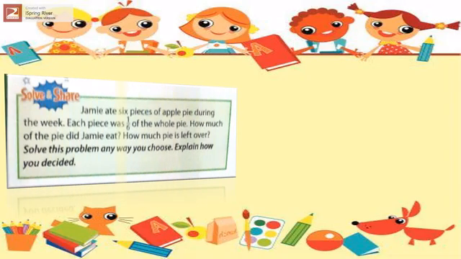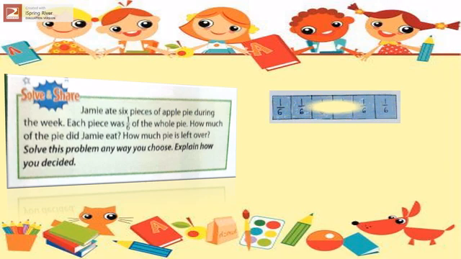Now let's answer the problem. Jamie ate 6 pieces of apple pie, and each piece was 1/6 of the whole pie. So this is 1/6 of the whole pie. In this problem, we are asked to find how much of the pie Jamie ate and if there is any pie left over.